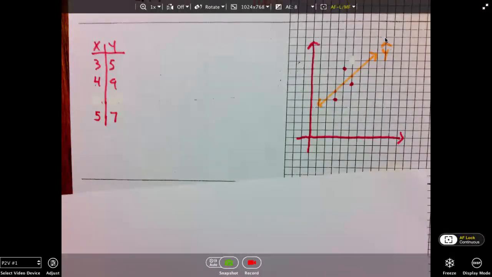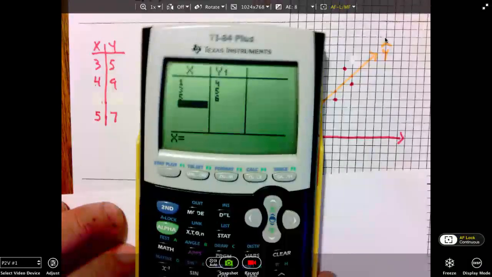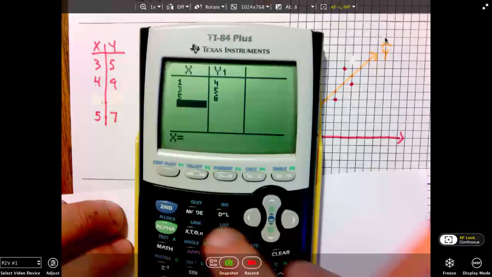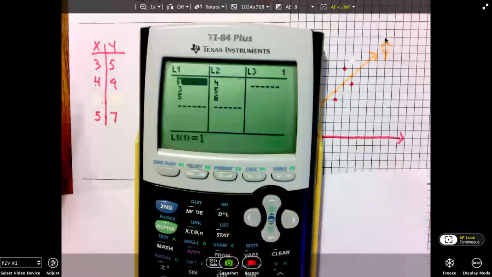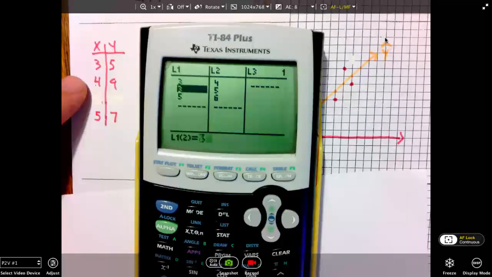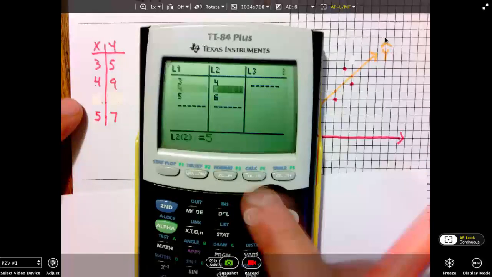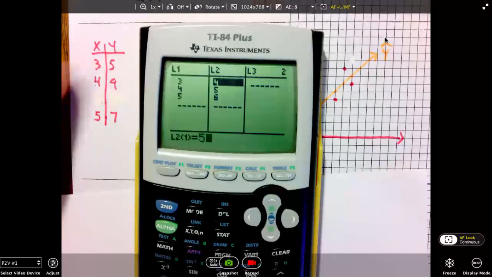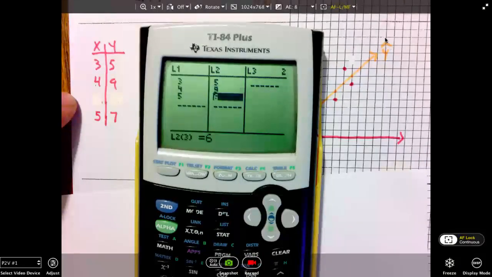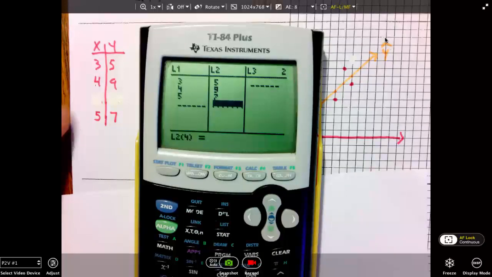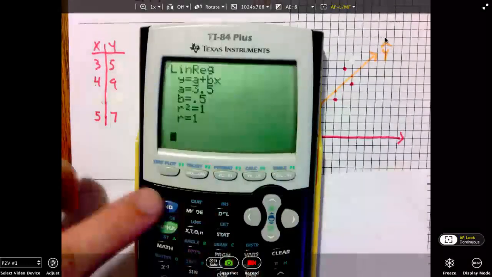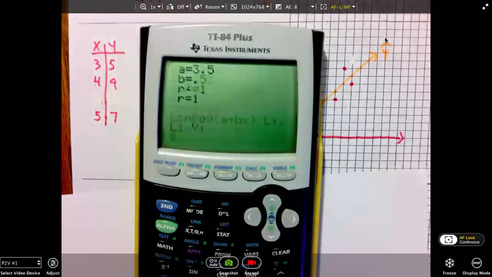Alright, going back to my calculator, and let's take a look at that. Stat edit. In list 1, 3, 4, 5. In list 2, 5, 9, 7. Performing the regression.